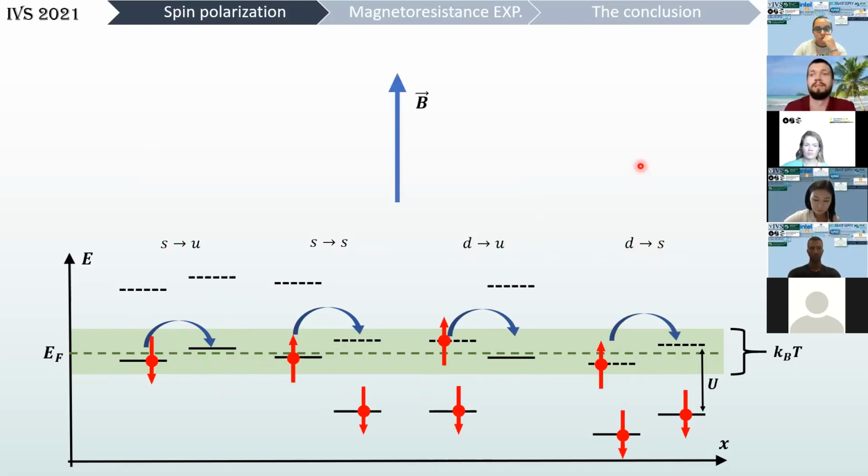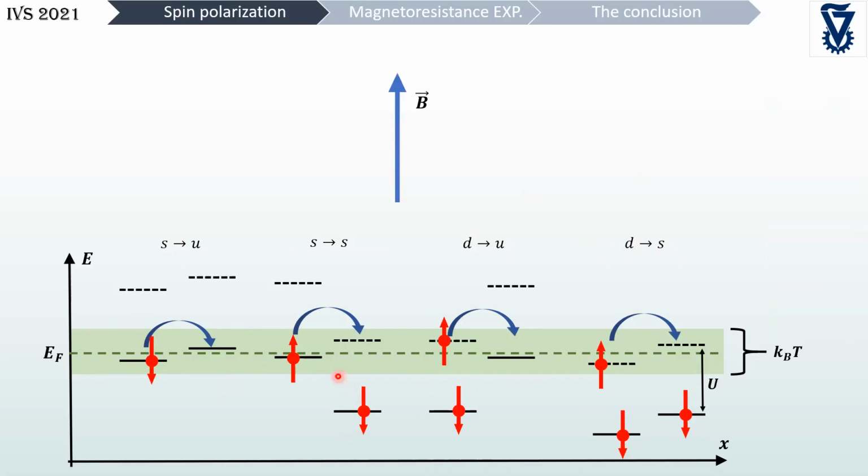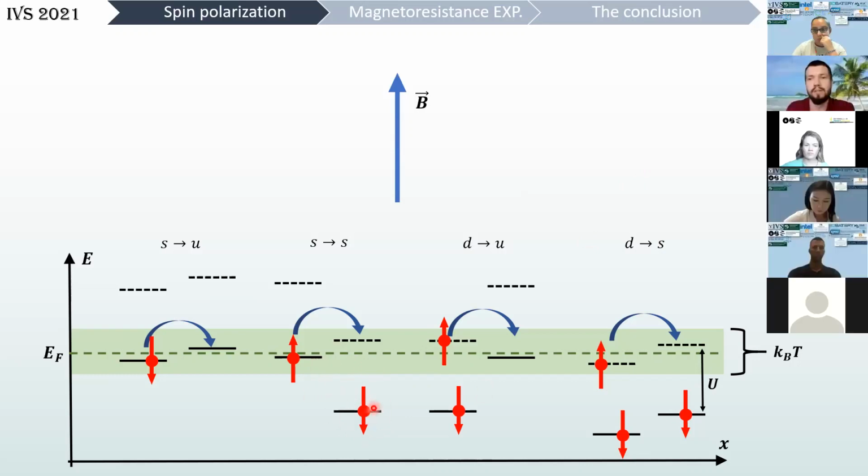Now, if we add a magnetic field into the system, it will partially polarize the spin electrons that are in singly occupied energy levels. And if the magnetic field is large enough, it will fully polarize the electronic spins.